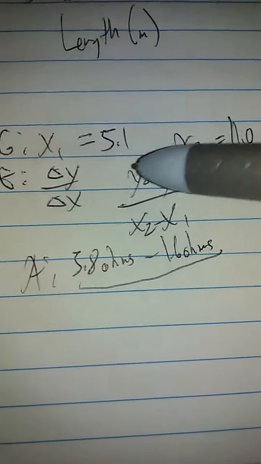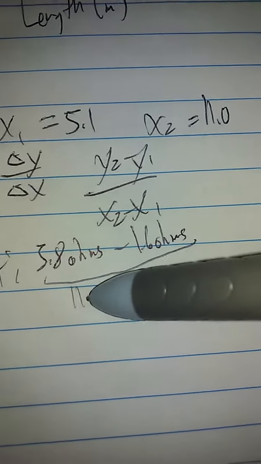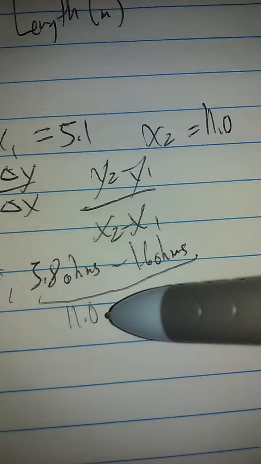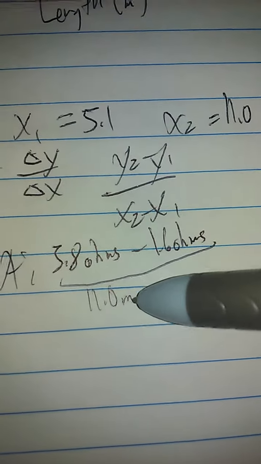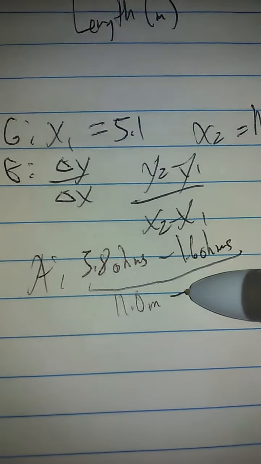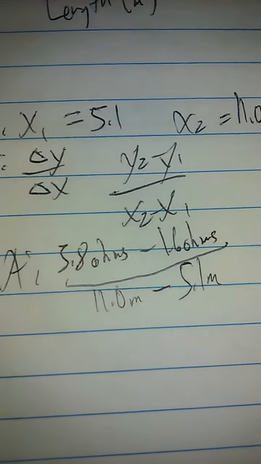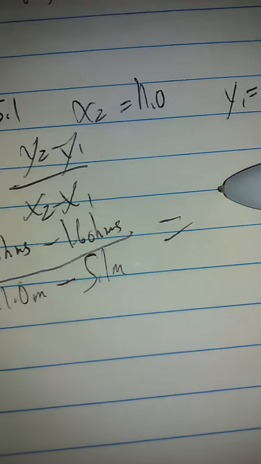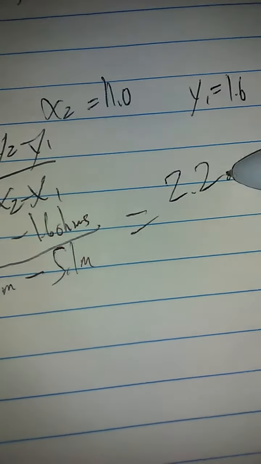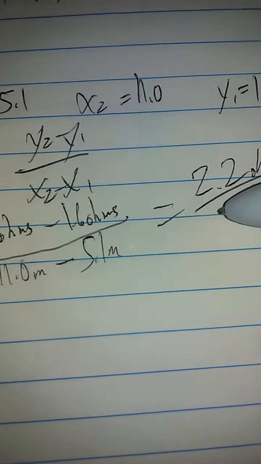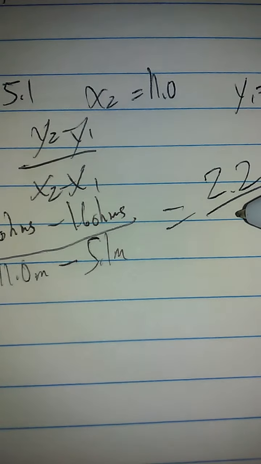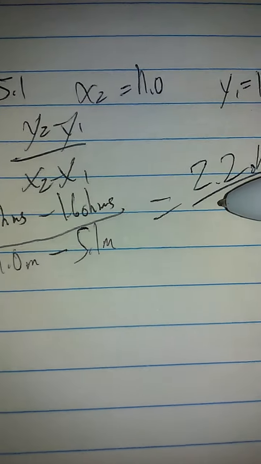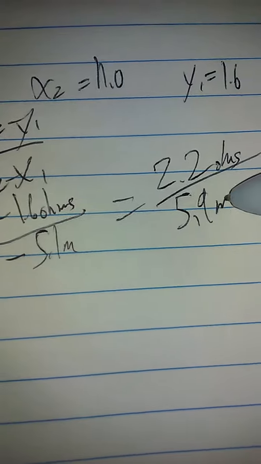Now x2 is 11 meters, minus x1, 5.1 meters. So 3.8 minus 1.6 is 2.2 ohms over 11 minus 5.1, which is 5.9 meters.